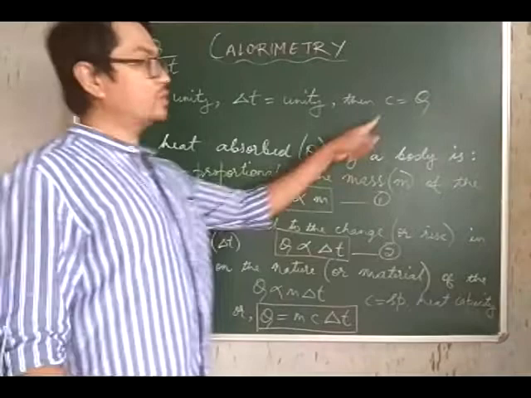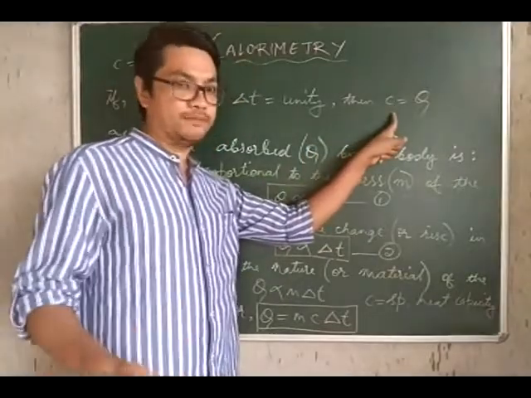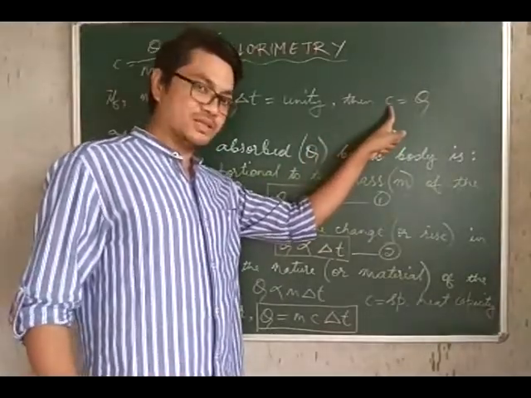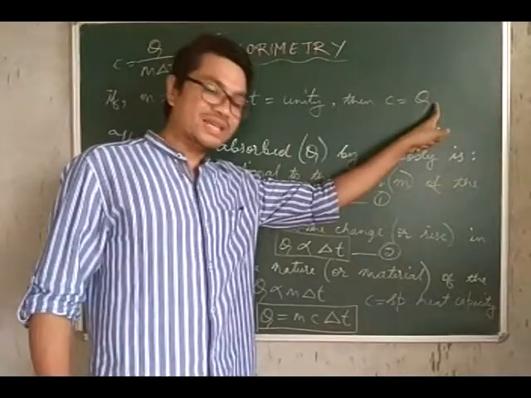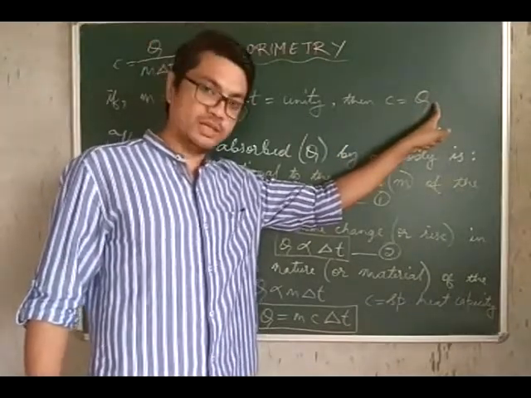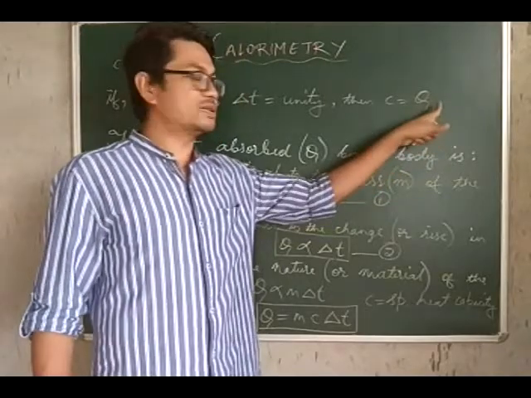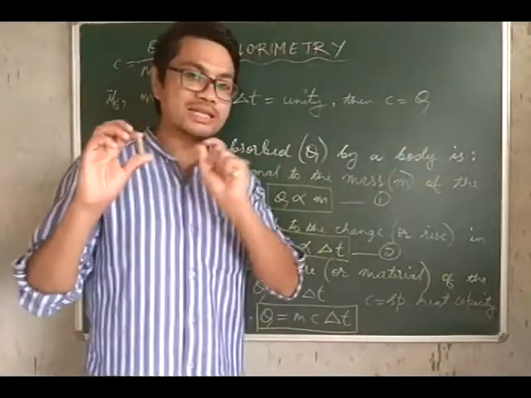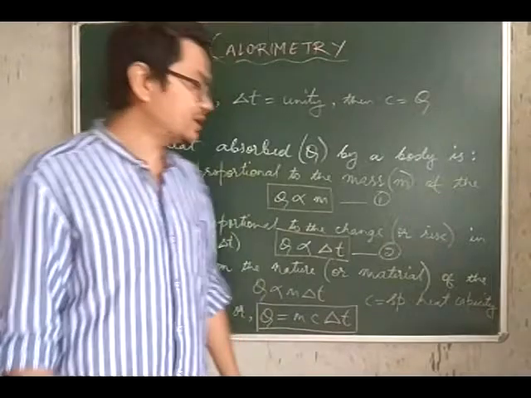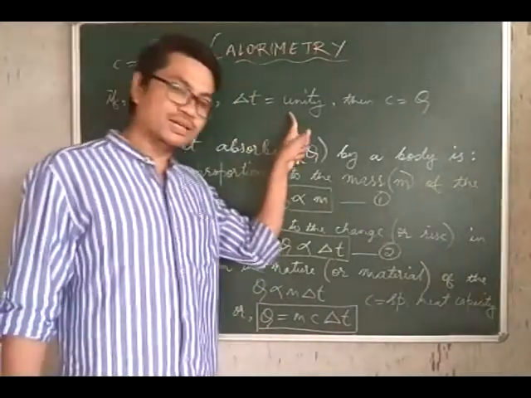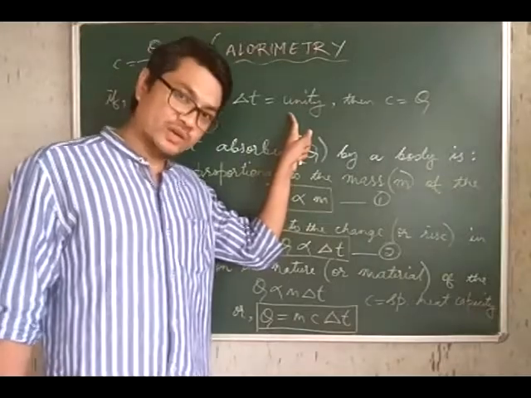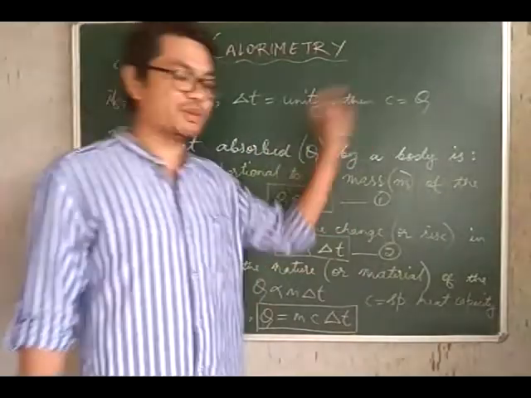So therefore, how do we define specific heat capacity? Specific heat capacity is the amount of heat that is needed to be given to a body having unit mass to raise its temperature by unit degree. Alright, so this is how you can define specific heat capacity, remember.